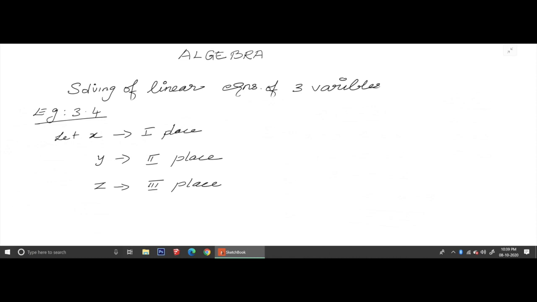With 24 individual events, you'll be having x first place, y second place, and z third place is equal to 24. Are you able to understand, ma?